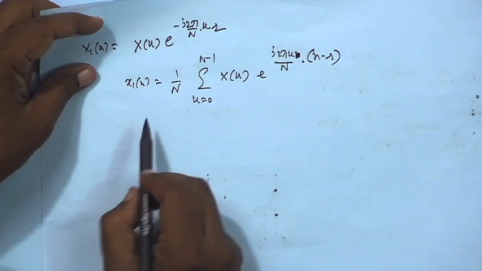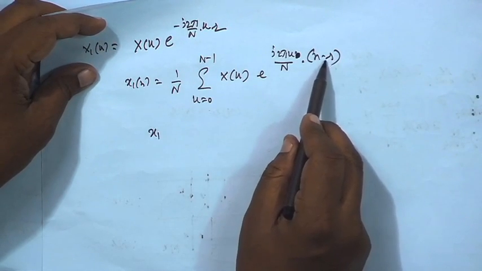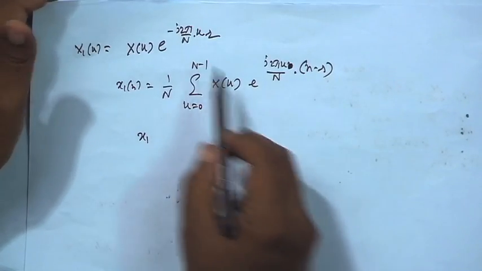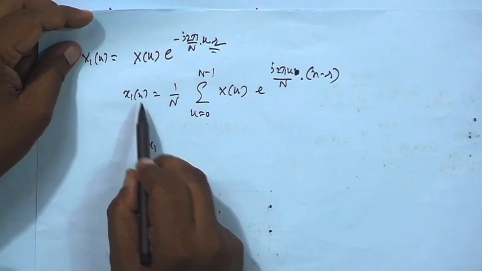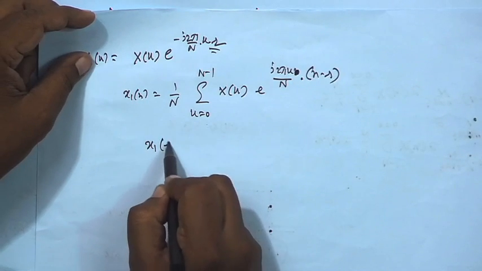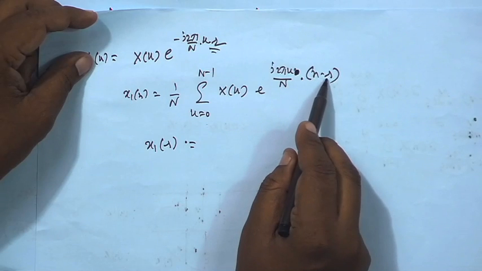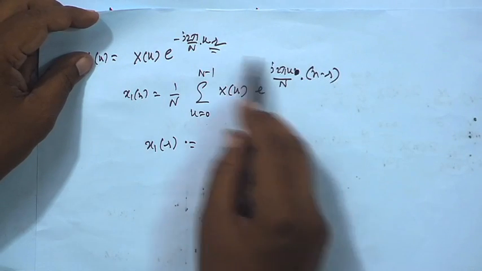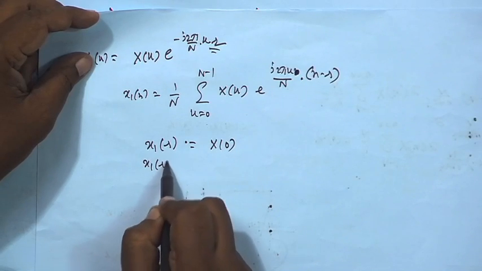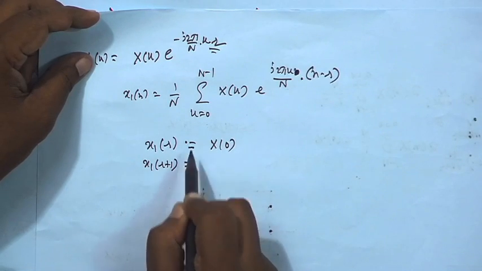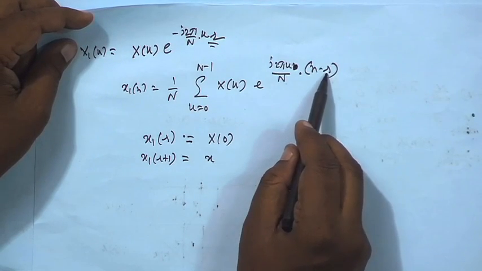So that means you can start this way, x 1, where r is given, r is fixed. So suppose n is r, so x 1 r. If you put n equal to r, r minus r is 0, so this formula gives you x 0. For x 1 r plus 1, if you put n equal to r plus 1, it will give 1.